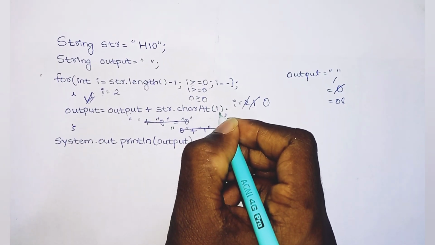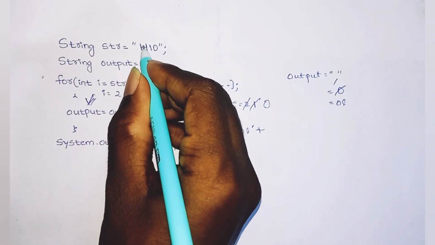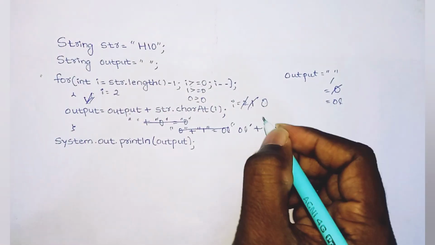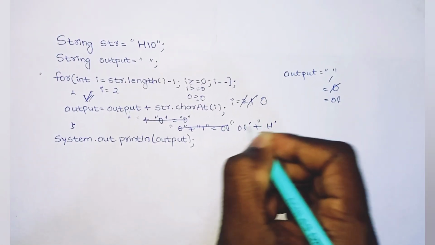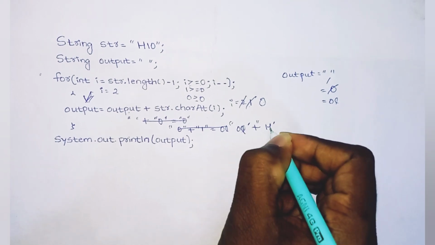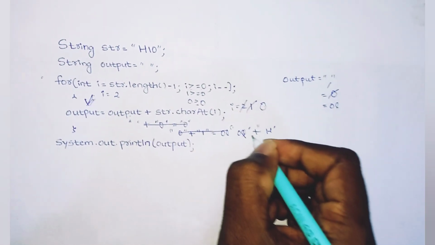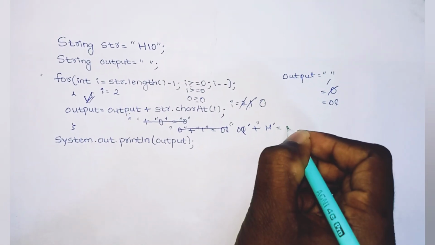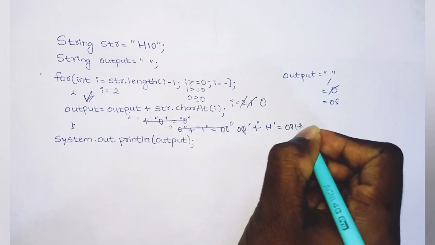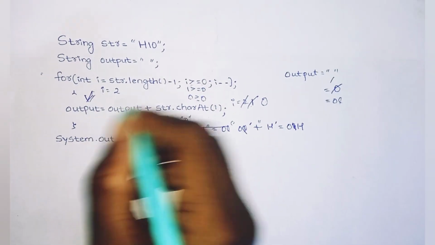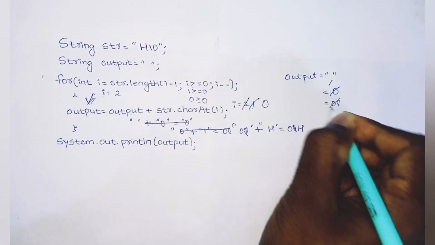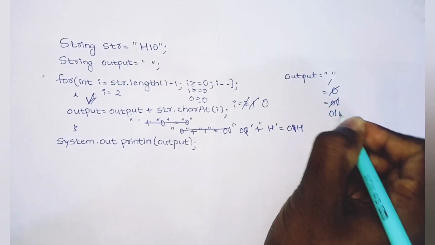At index 0 we will have H. So OL plus H, as we are performing plus, it concatenates, that is OLH. Now OLH will be stored into output, so the output's updated value will be OLH.